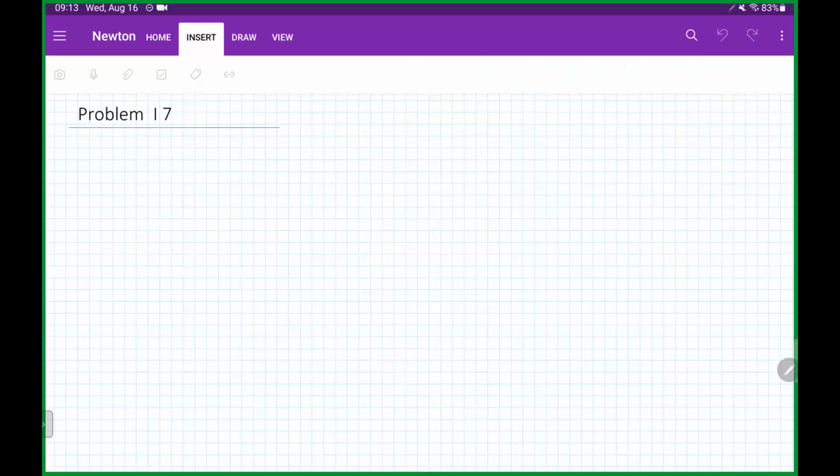So let's see, we have problem 7, which has a block attached to the wall on an inclined plane. It says the object of mass m, equal to 4 kilograms, is in equilibrium on a smooth inclined plane.